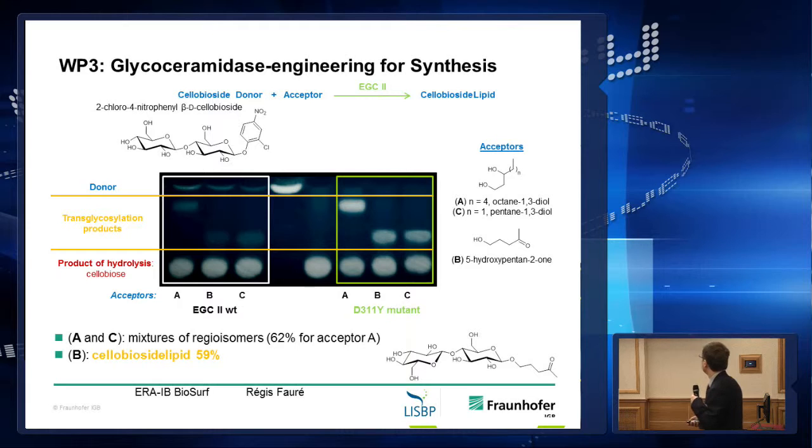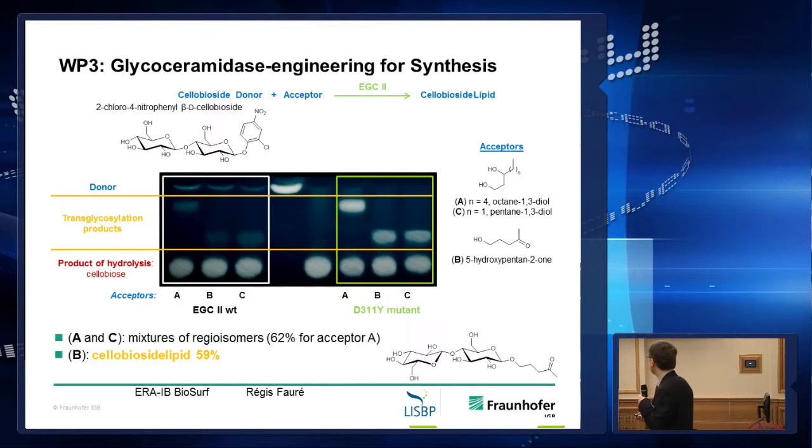The last interesting enzyme in this part is a glycoceramidase that was engineered for synthesis. Here you do not only use monomeric sugars, but also dimeric sugars, in this case cellulose derivatives, a 2-chloro-4-nitrophenyl cellobioside for the fusion with either hydroxypentan-2-one or diols with a different chain length here.